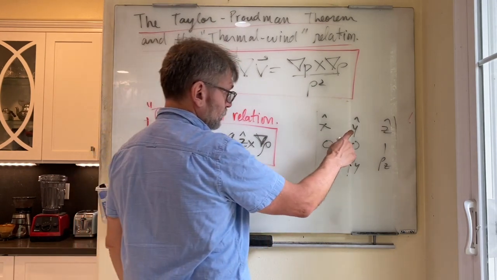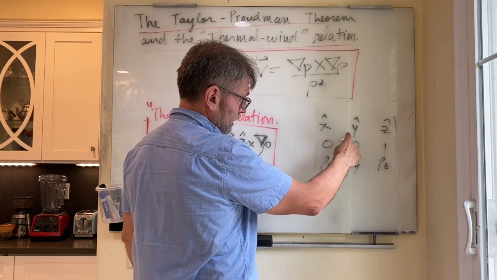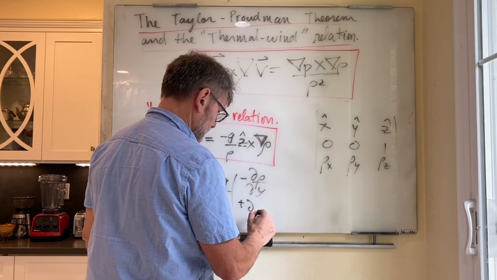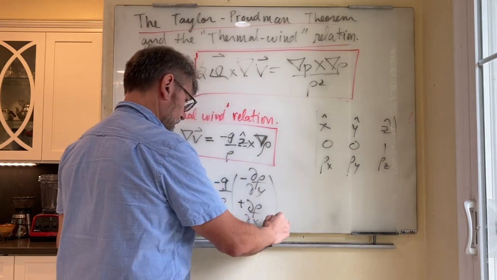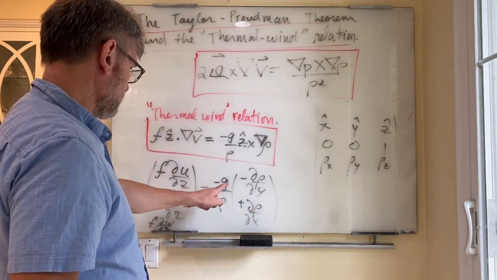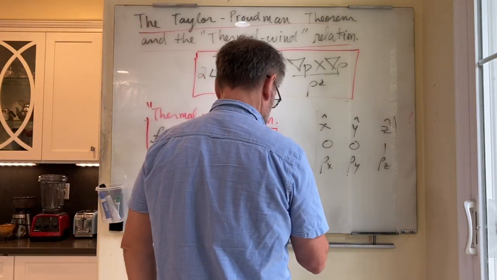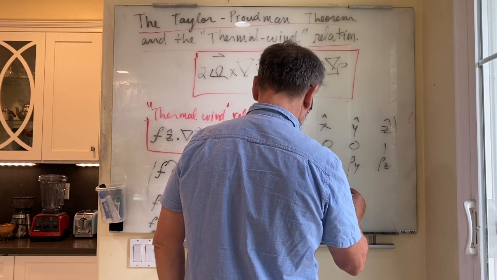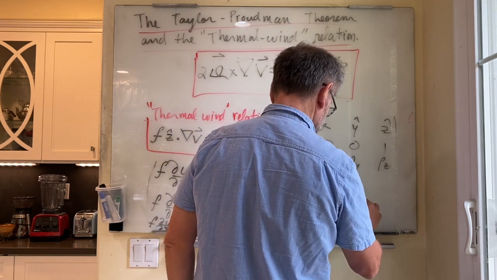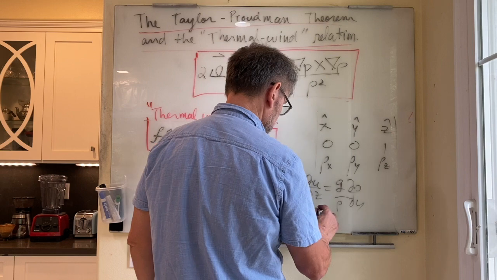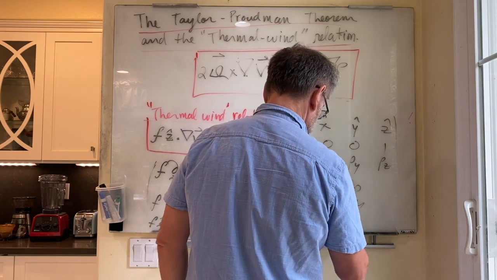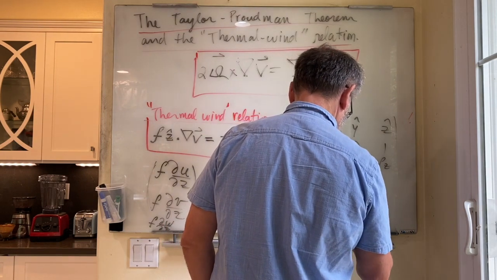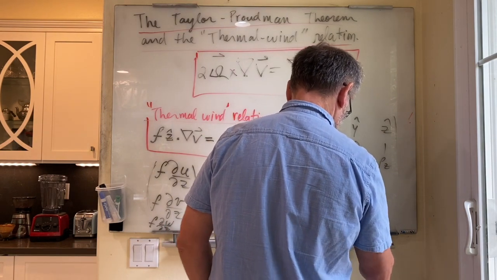And then the next component will be minus y hat times minus d rho dx, so that becomes plus d rho dx. And with the original minus sign, this becomes f du dz equal to g over rho times d rho dy, and f dv dz equal to minus g over rho d rho dx.